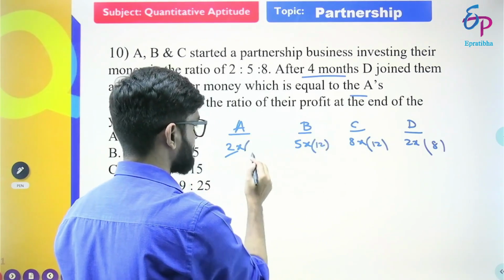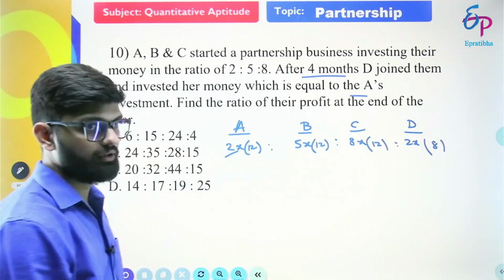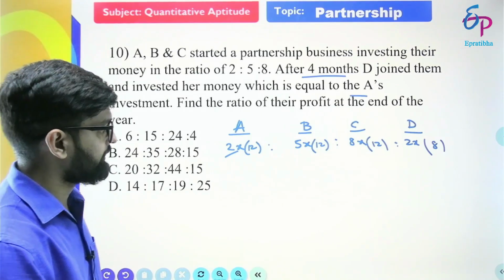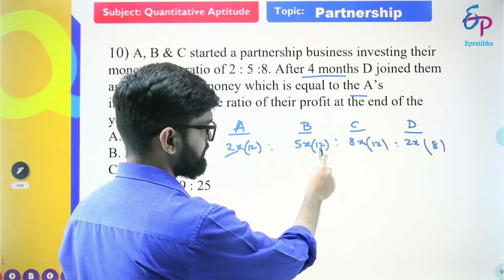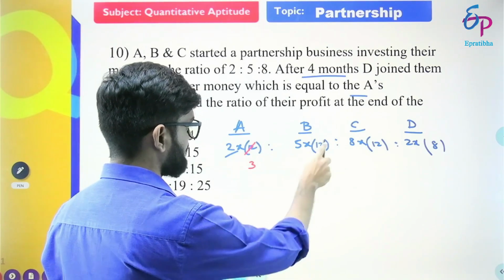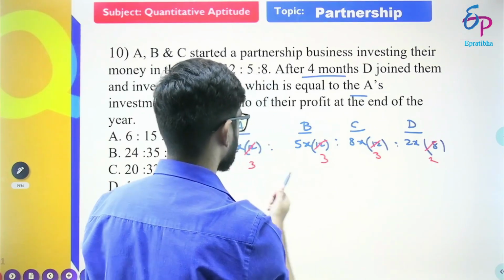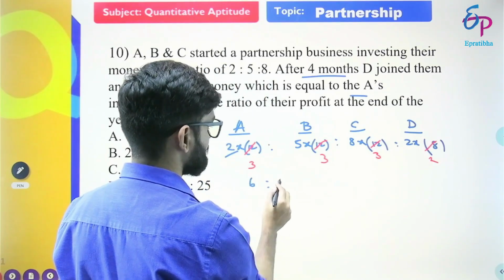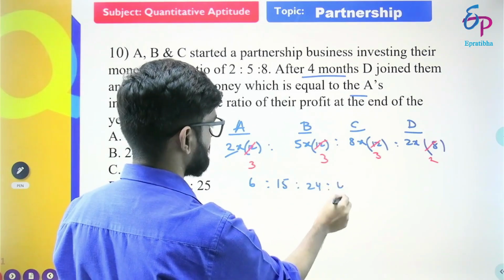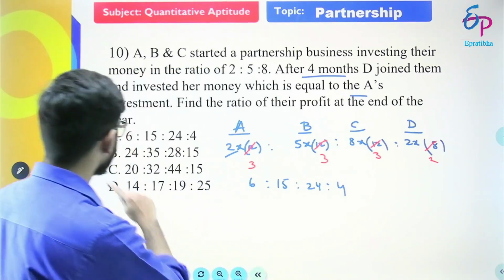What can you take common? 4 is convenient because 8 will not go in this. 4 3s, 4 3s, 4 3s, 4 2s. So this is 6 is to 15 is to 24 is to 4. Option A is correct.